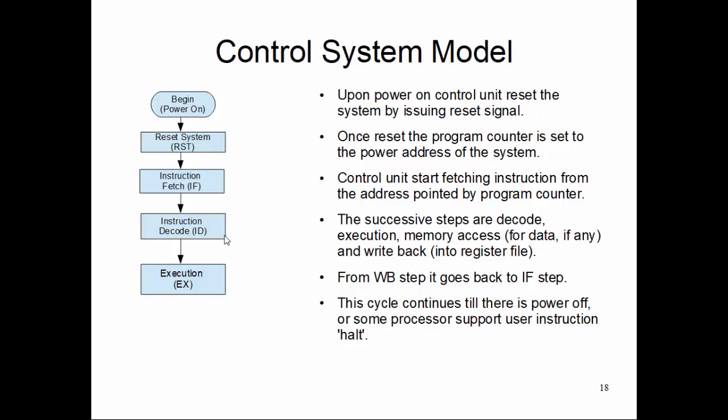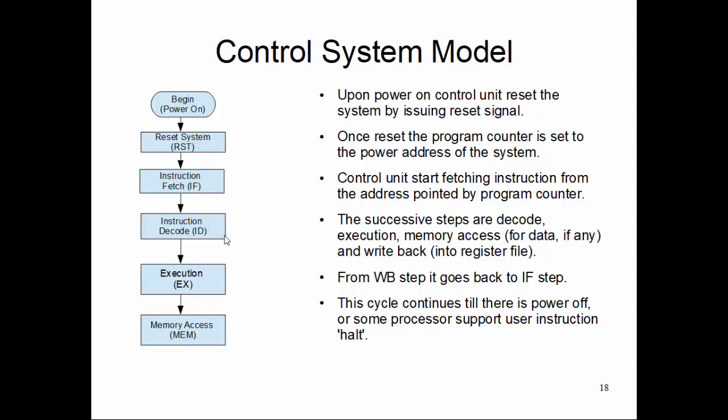At this point the ALU is involved most of the time. It sends the operands and the operation code to the ALU and gets the result back from the ALU. Then it goes into memory access.